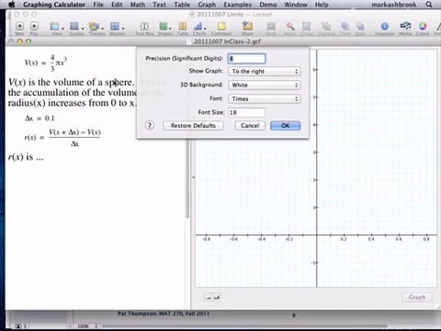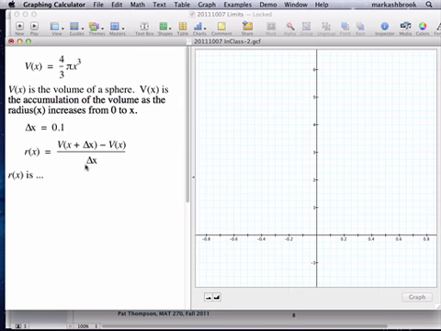Make this bigger, sorry. Okay, and then I've written R. Is this average rate of change or exact rate of change? That's the average rate of change over intervals of delta x. So what is R of x?